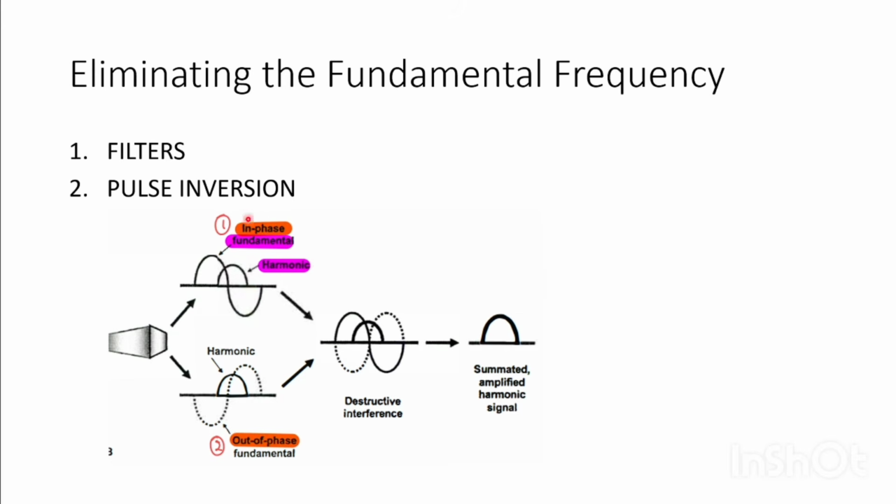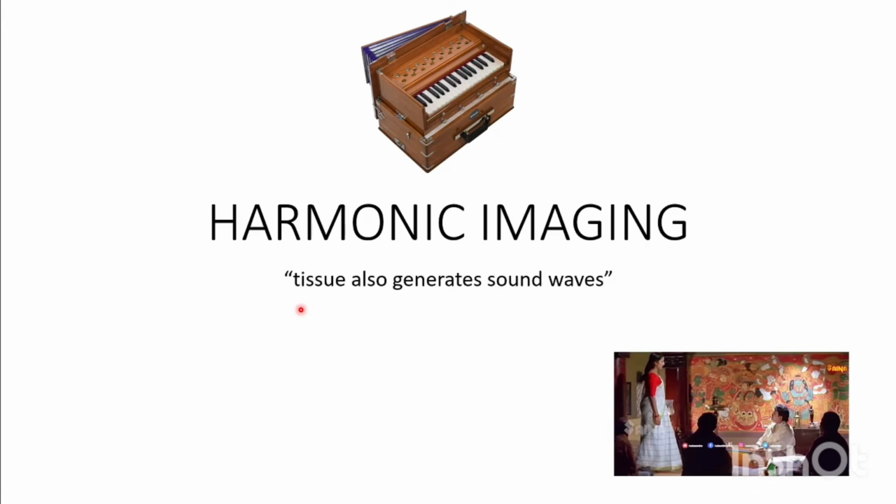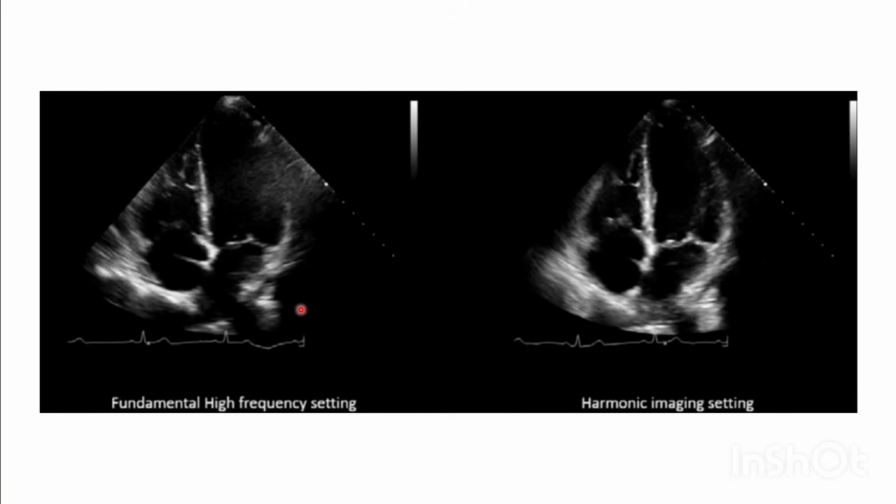So this is in phase. Now when we make it out of phase, this eliminates the fundamental frequency, and only the amplified harmonic signal remains. This is called pulse inversion, and based on this technique we can eliminate the fundamental frequency. That is just the basics of harmonic imaging.